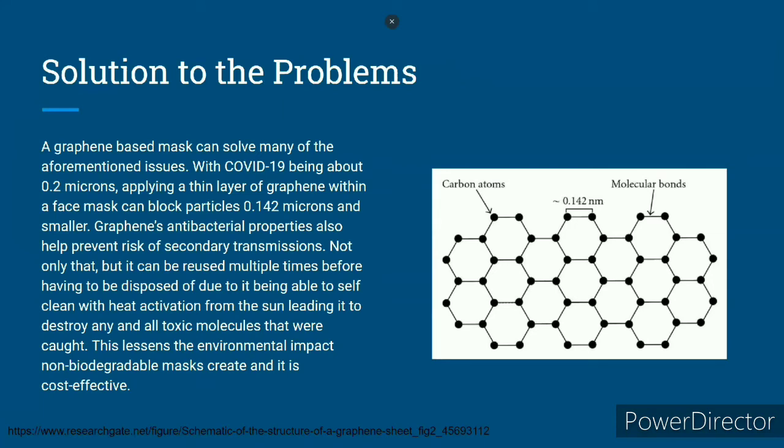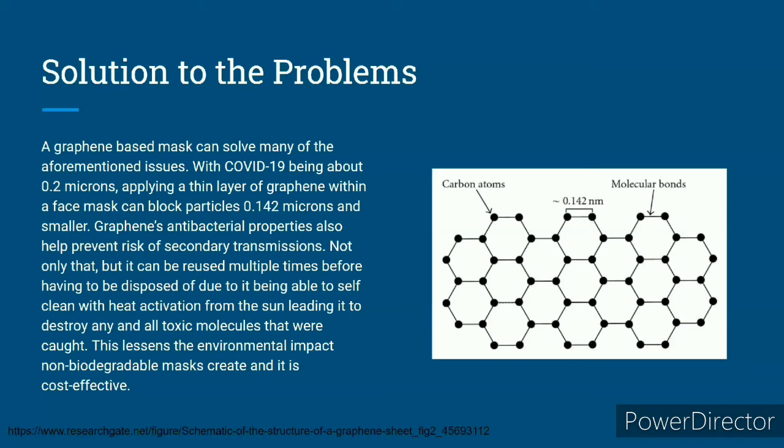Because COVID-19 has been measured to be 0.2 microns, when we apply that thin layer of graphene within the face mask, it can block particles up to 0.142 microns and smaller. This can be shown in the diagram to the right, where we can see the hexagonal figure of the graphene and the measurement of it being 0.142 microns.